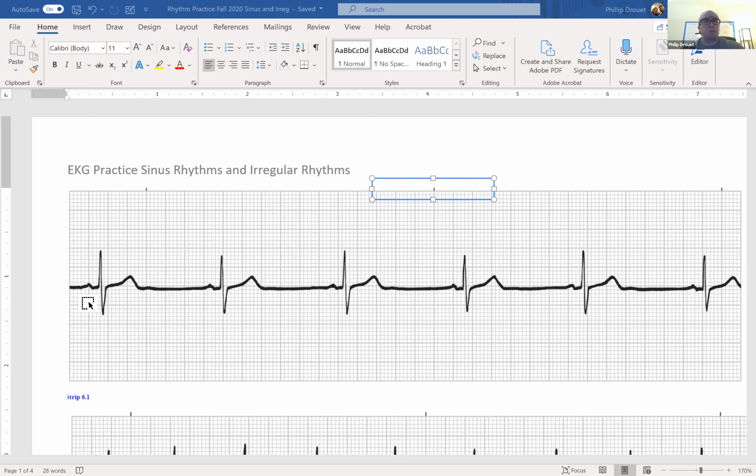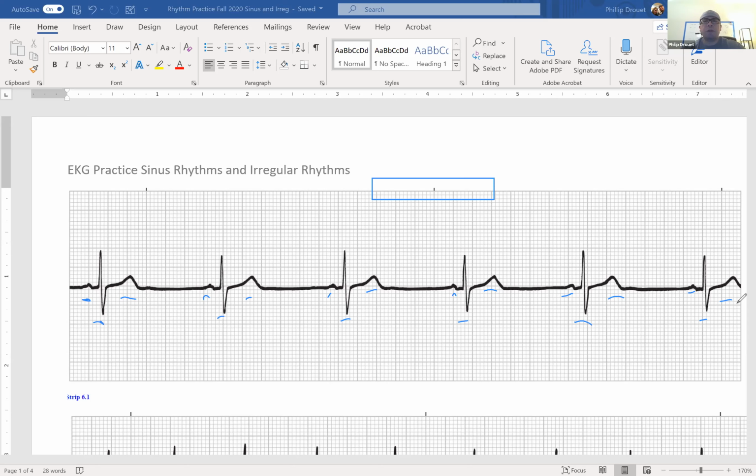And step 2, make sure you're checking your waves. Check your P wave, QRS, T, P, QRS, T, and so on. All of those waves are there, right?